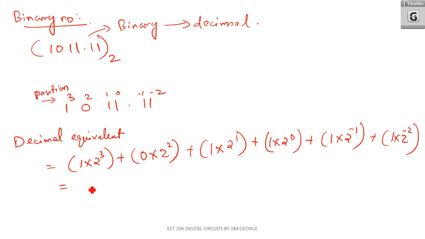So what is 2 raised to 3? It is 8 plus 0 into 4, that is 0, plus 2 plus 1 plus 0.5 plus 0.25.